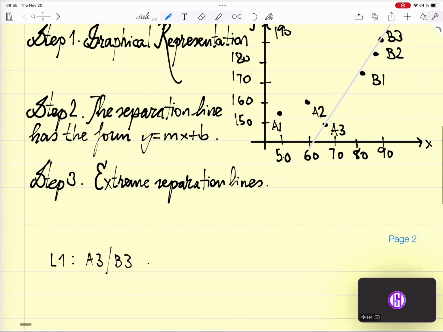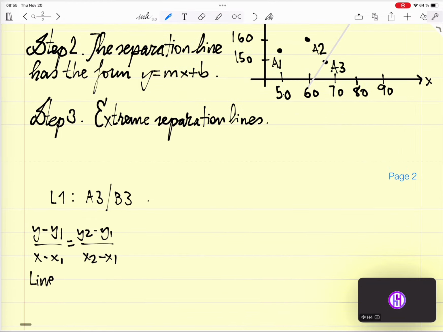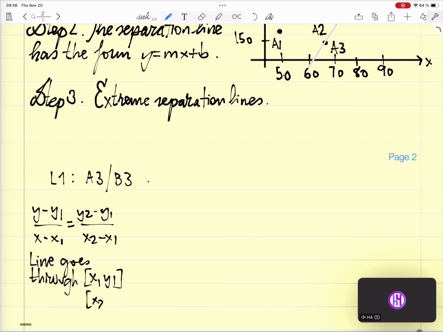The line that goes through A3 and B3 has this equation. This line goes through the points (x1, y1) and (x2, y2).